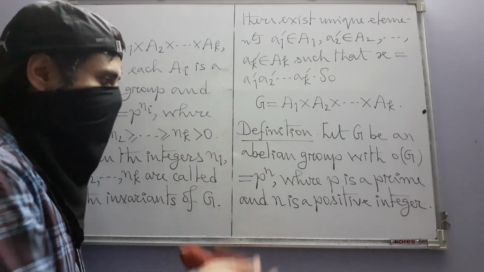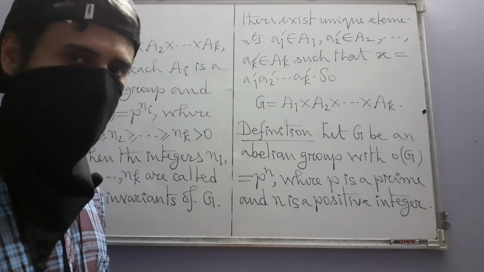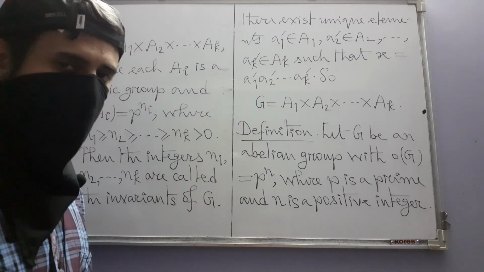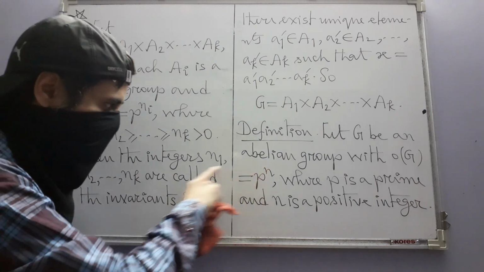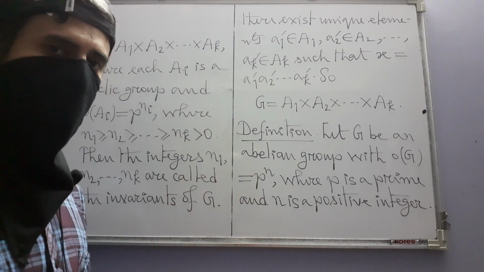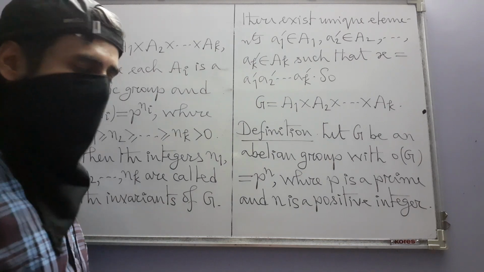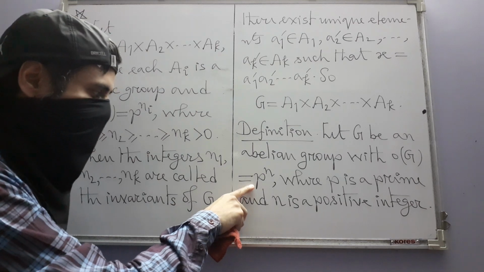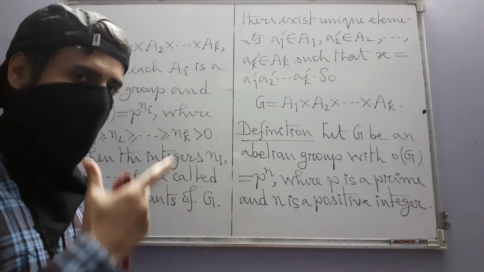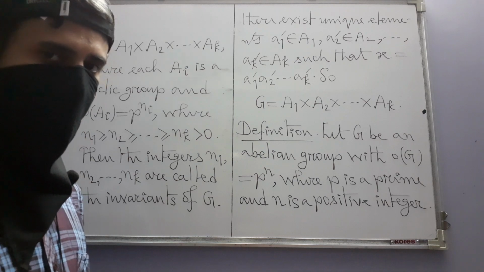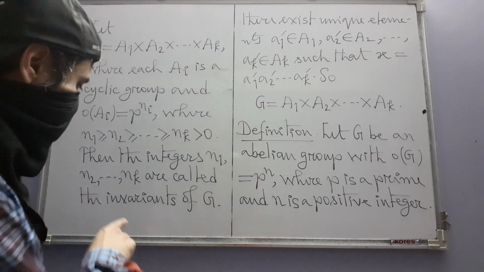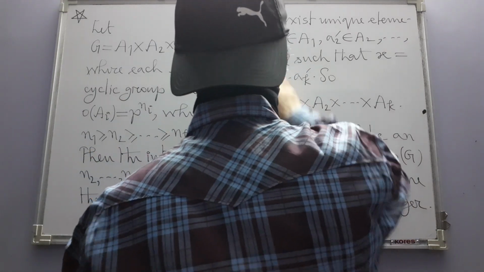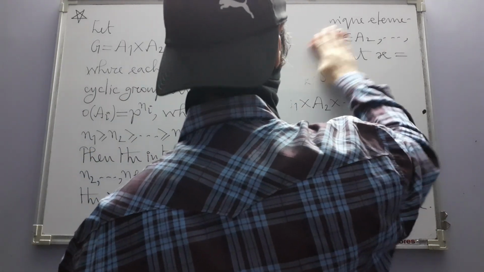However, who knows, maybe another set of invariants also exists for some finite abelian group of this type of order. The definition isn't saying anything about uniqueness. However, it turns out that once you have a finite abelian group like this, then its invariants are unique. Only one set of invariants exists. That's why the invariants. That we will prove.